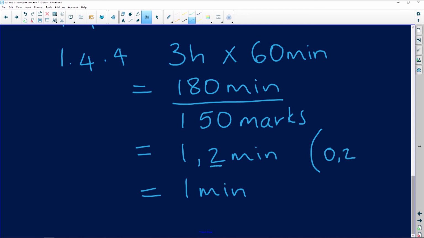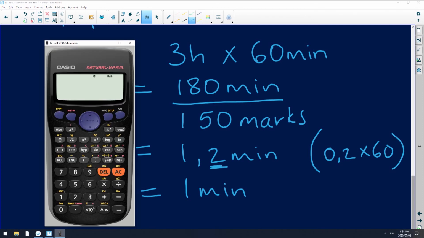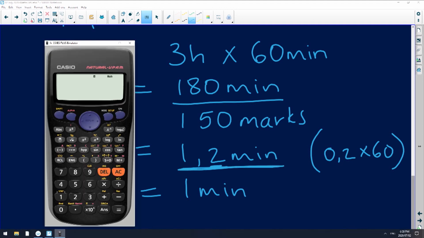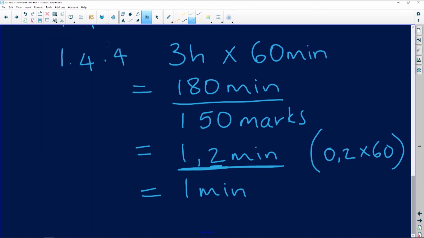That 0.2 is this 2 over here. And if you multiply that by 60, it will give you seconds. Let's go see if this works out. But you can leave it as 1.2. And the reason why I say you can leave it as 1.2, you don't want to be stuck in a hole there now where you can't do whatever. 0.2 times 60. Let's see if it will give me. There, 12 seconds. Stunning. So it's 1 minute and 12 seconds.